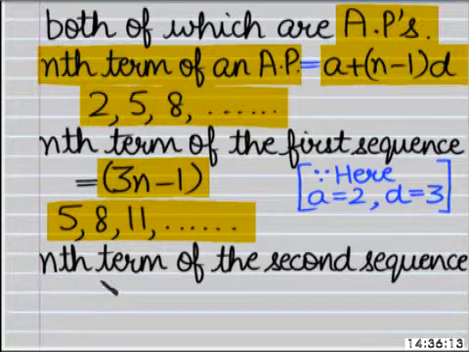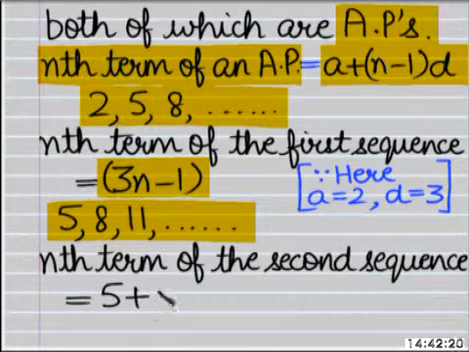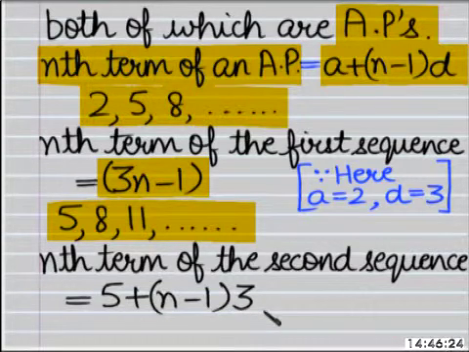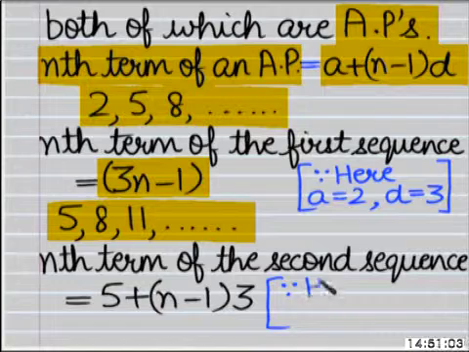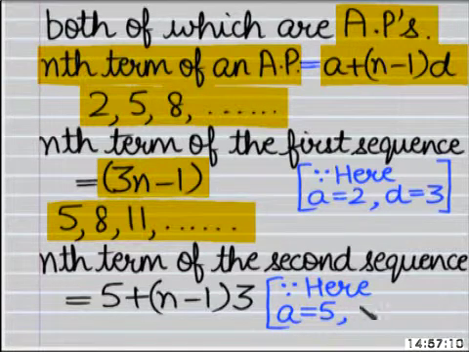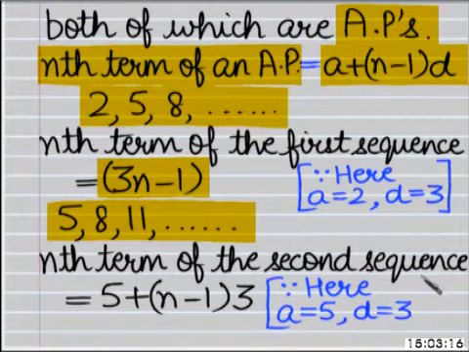So the nth term of the second sequence is equal to 5 plus (n minus 1) into 3, because here first term, that is A, is equal to 5 and common difference D is equal to 8 minus 5, which is equal to 3.